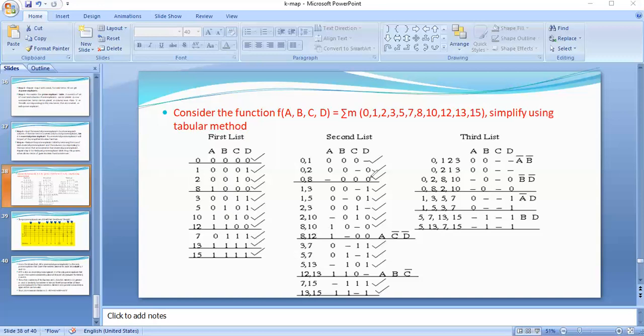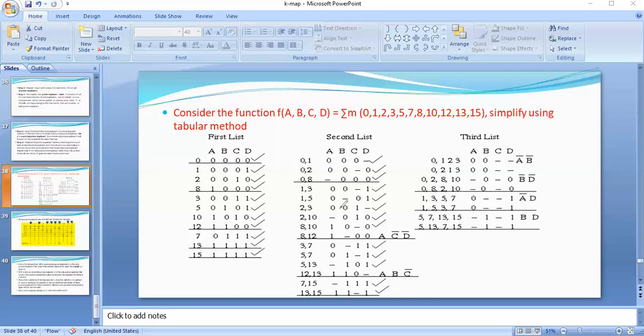Okay, so after forming pairs, we have to form quads. After that we form octets. Quad means 4 minterms; we combine 4 minterms as a group. In this case also we compare each group with the next successive group. See here, are 0, 1 and 1, 3 compared?